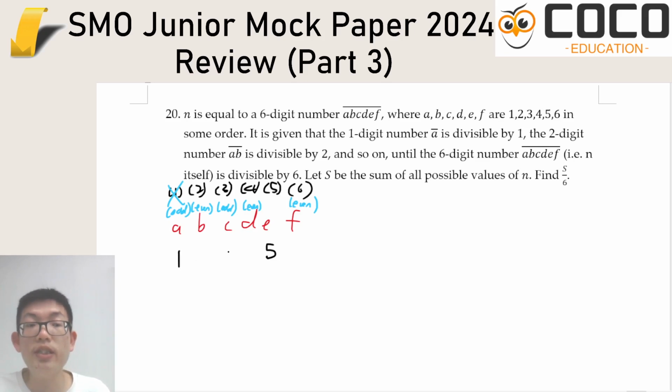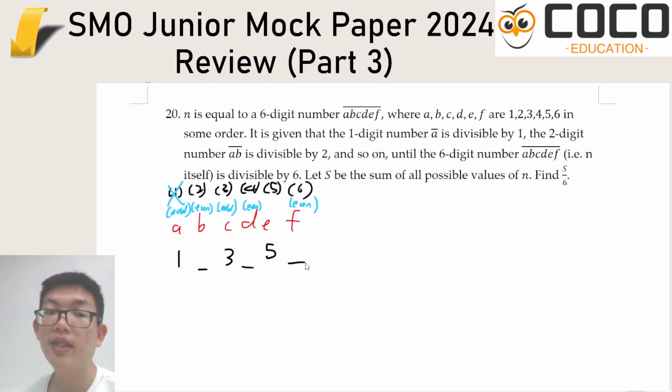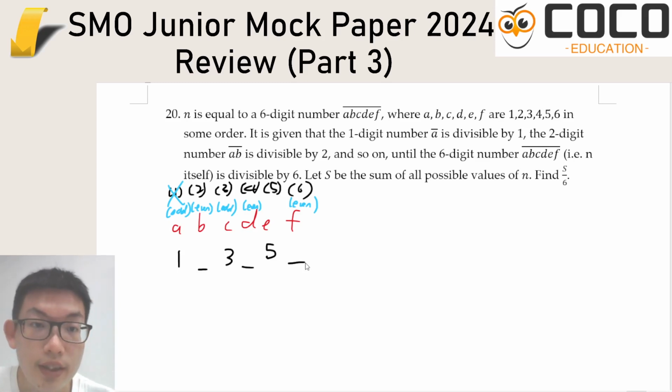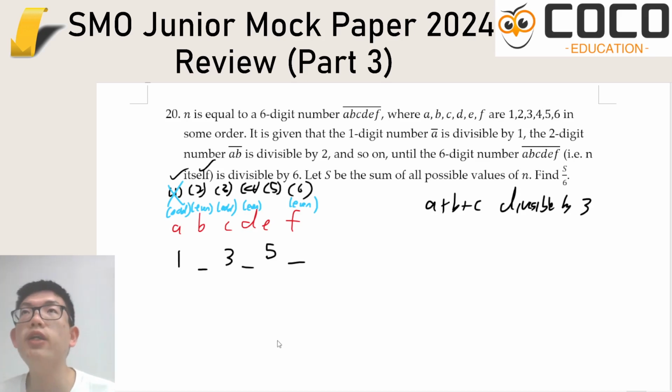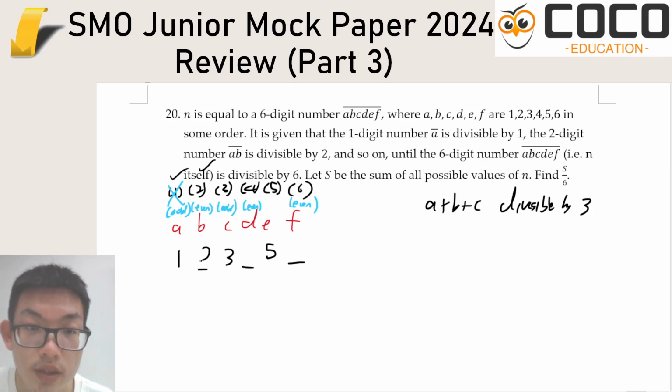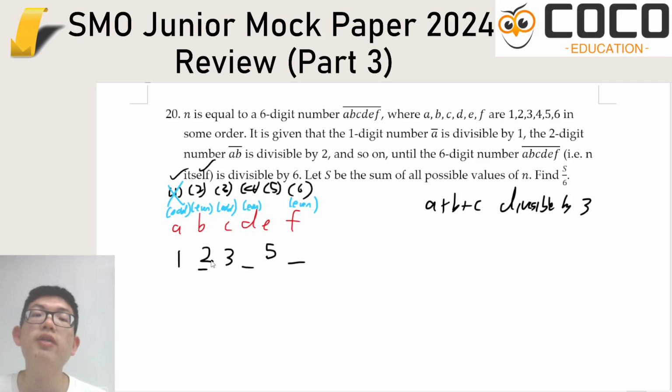Okay, so let's try first of all if I put 1 and 3 into A and C. So I put 1 and 3 down there, then 1 is settled, 2 is settled, 3 is not settled, because ABC is a multiple of 3, means A plus B plus C is divisible by 3. Now out of 2, 4, and 6, it is quite easy to tell that only 2 works. You then look at 4.